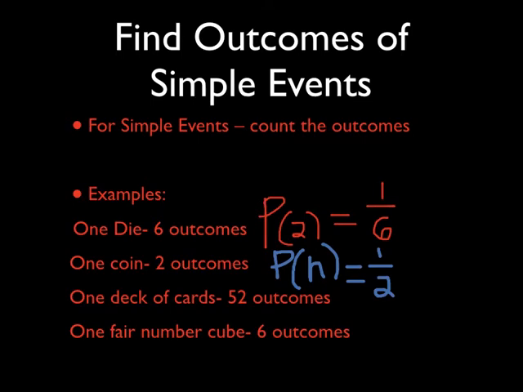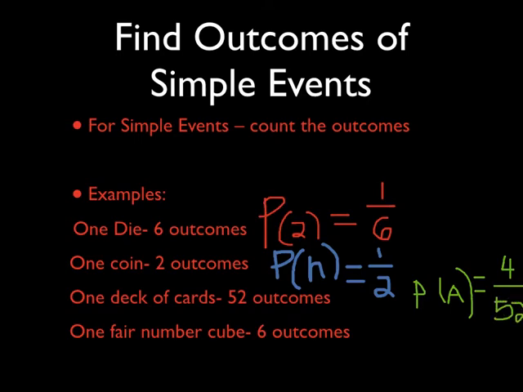What about the probability of getting an ace in a deck of cards? So let's say the probability of getting an ace is, how many aces are there in a deck of cards? There are 4 out of 52. Right.